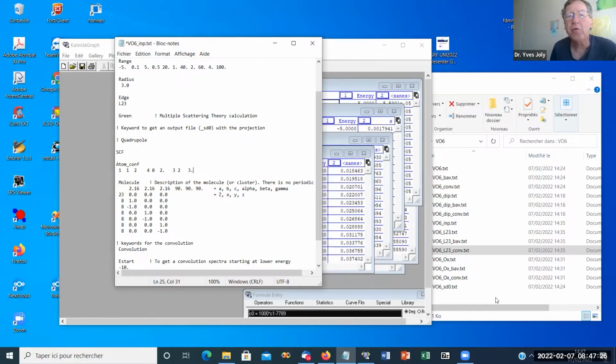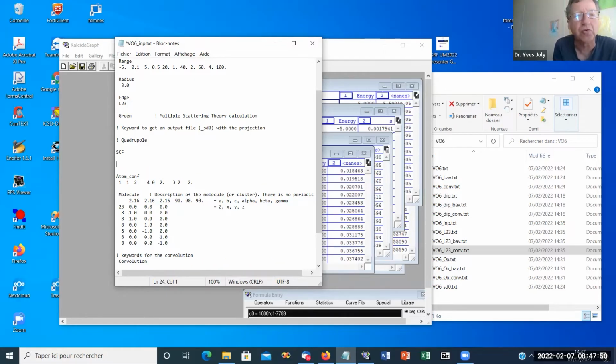Now, if you want to charge the atom, you can play. For example, you could try just 1 electron here. In that case, it would be 1 plus. Because most often when we do that, it's a mistake, the program will stop, saying that it's not possible because it's not neutral.